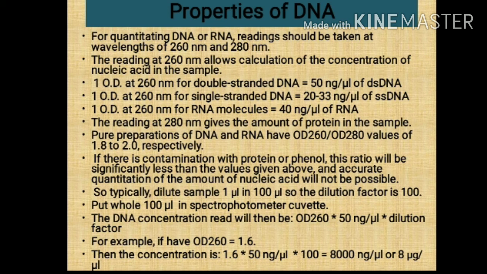For single-stranded DNA, 1 OD at 260 nanometers gives a concentration of 20 to 33 nanograms per microliter. Whereas for RNA, 1 OD at 260 nanometers is equal to 40 nanograms per microliter. So the concentration of DNA or RNA can be estimated using the spectrophotometer.